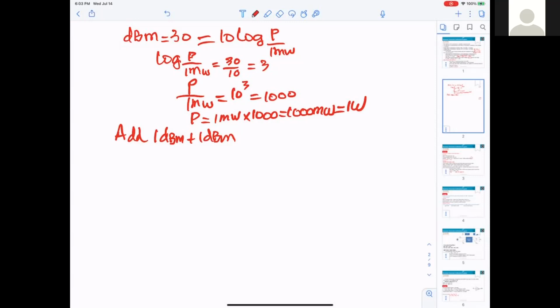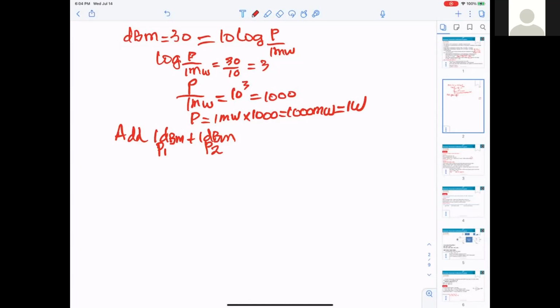Then you can add the watts or milliwatts, so the unit will be watt or milliwatt. Then you have to convert back to dBm. Now let's see what we can do. First, P1 and P2: I convert P1 to watt or milliwatt.